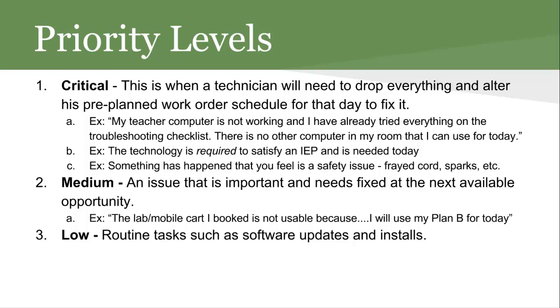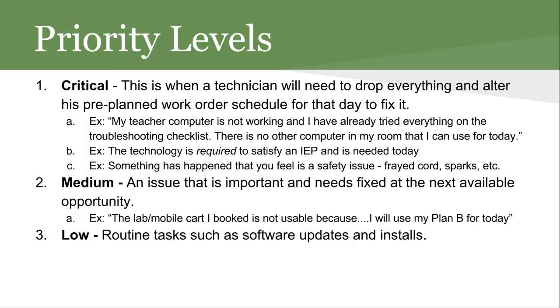So some examples would be your teacher computer in your classroom is not working, you've tried things, and you have no other computer in your room that you can use for that day. Another example would be a student computer that is not working, but it is required in order to satisfy an IEP or other accommodations for that day. Third would be some sort of a safety issue. There are frayed cords, you see sparks, hear sparks, something is smoking. That would all be classified as critical.